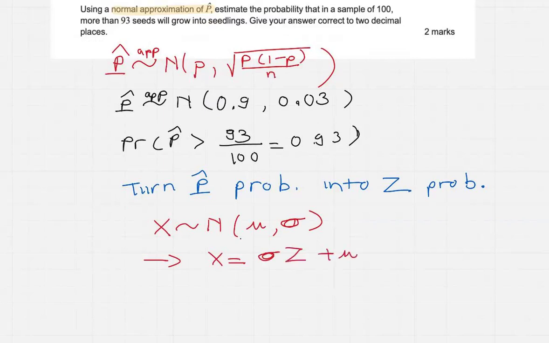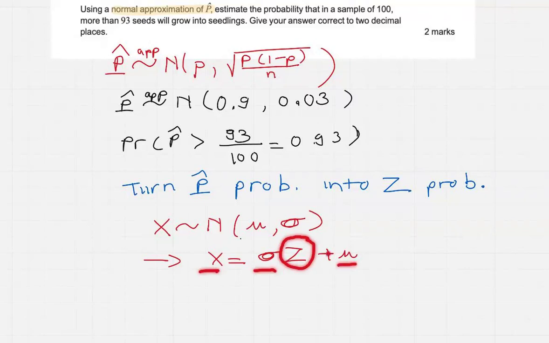Why is it the case? Basically, we can undergo a series of transformations and dilations to turn z, the standard normal, into x, where sigma is the dilation factor and mu is the translation.